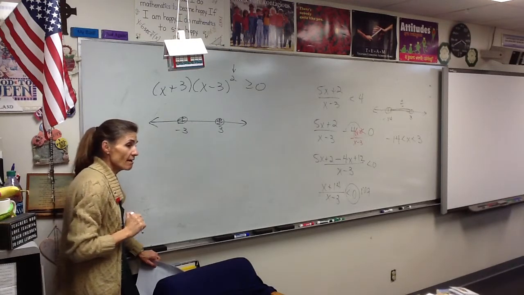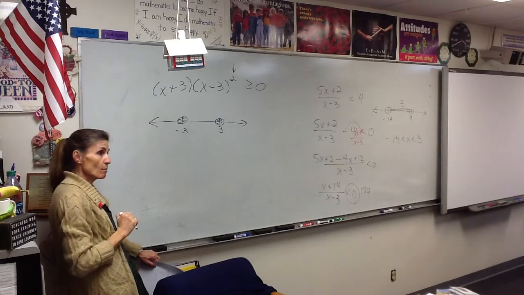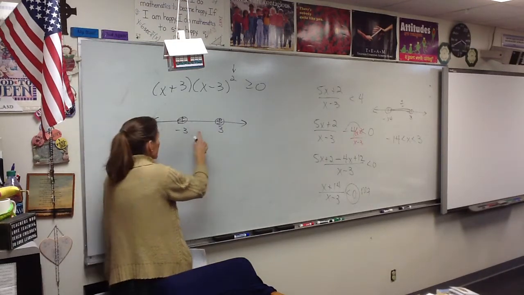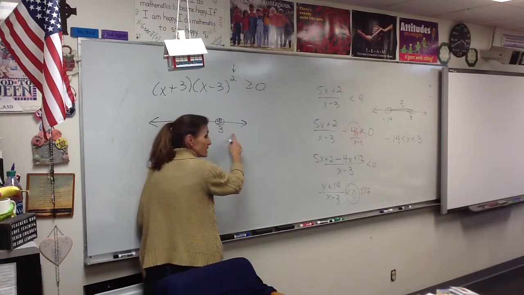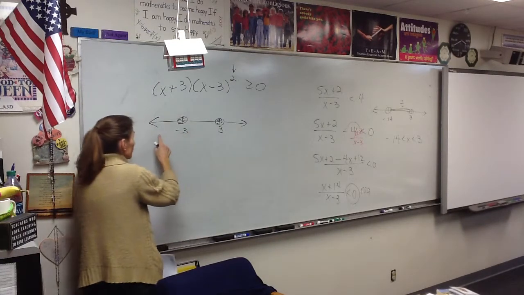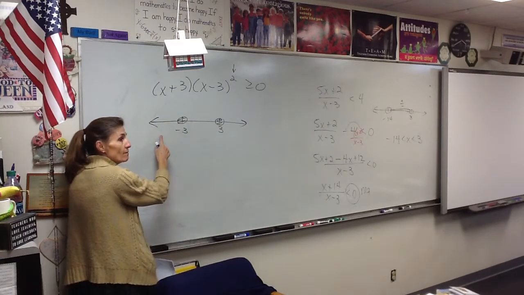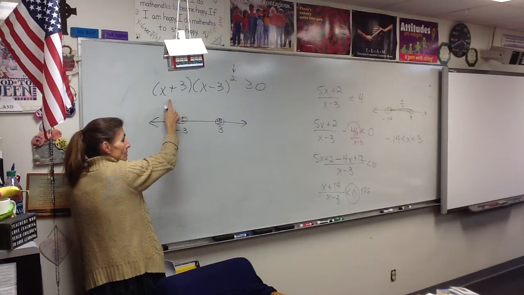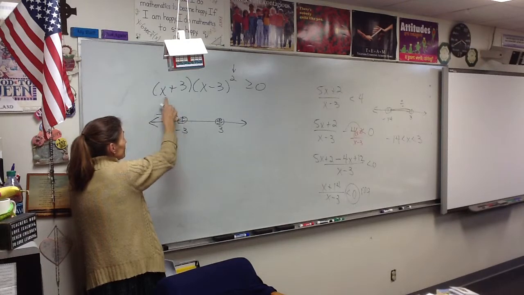So what am I going to have to do since there's a squared in the problem? I got to pick a point here, pick a point here, pick a point here. So, I guess I'll do -4. -4 would make that negative.